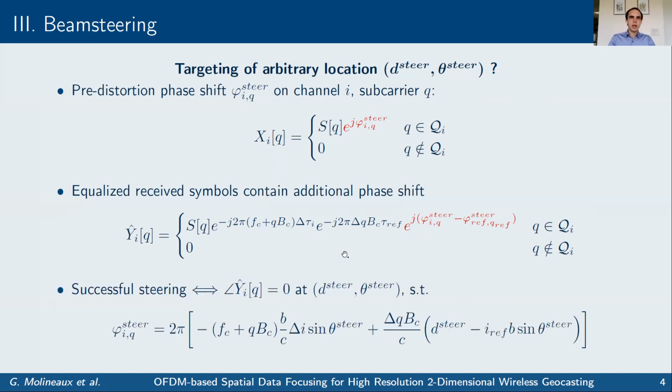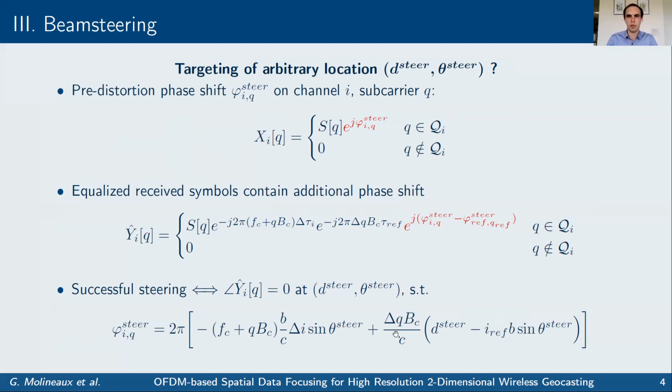Now, by expressing that this residual phase shift should be zero at the intended steering point, one can find an expression for the steering phase that should be added to each channel. This one is, of course, dependent on the subcarrier that is used, on the difference in channel delta i between the channel that is equalized and the reference channel, the steering coordinates theta_steer and d_steer, and then, of course, the difference in subcarrier with respect to the reference subcarrier.